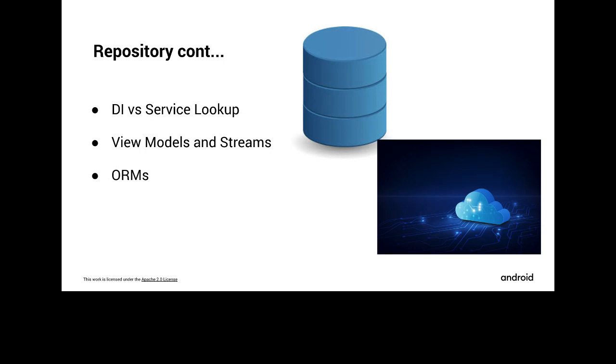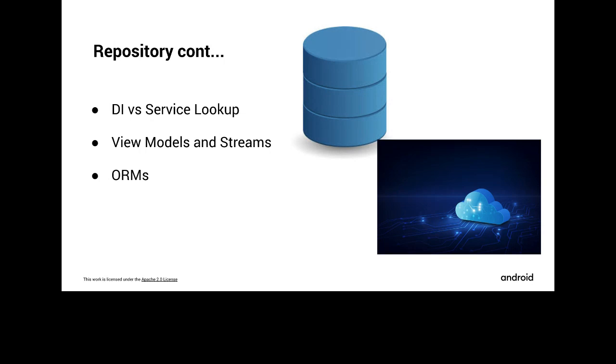One other topic that I'm not sure they've covered all that much: you have the view model and you have these repositories. How do you link those two together? How do you provide that dependency of the repository layer to the other parts of your app? You'll hear a lot about dependency injection.